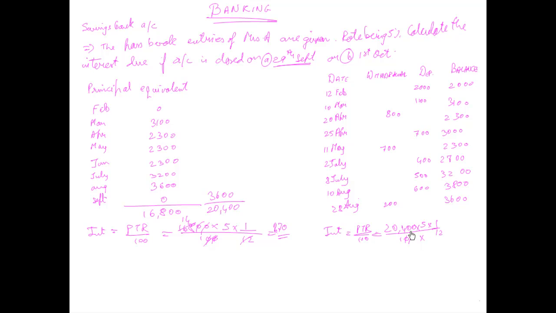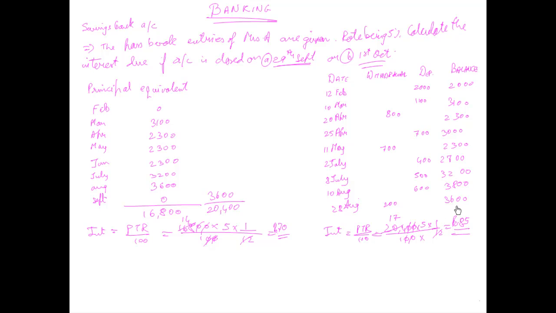This will cancel with this. 12 will cancel with this, children. 84 goes 7 times. 17 times 5 is 85 rupees. So that will be the interest due to the person if the person closes the account on 1st of October, children. That's the B part.